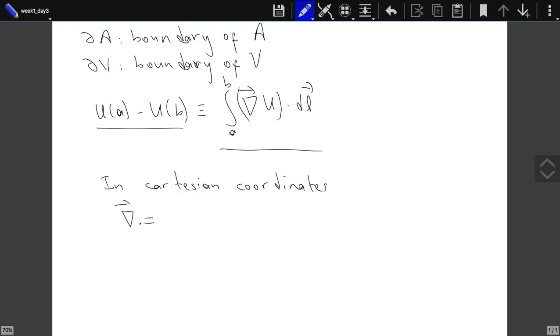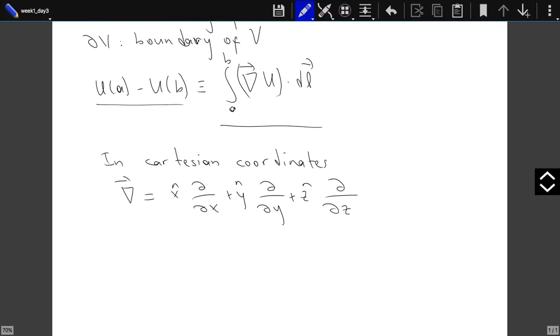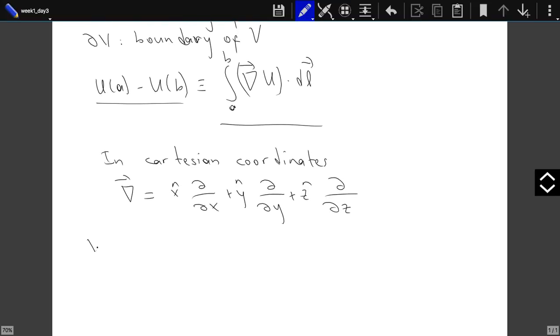You can identify this vector operator: in the x direction, del over del x, plus in the y direction, del over del y, plus in the z direction, del over del z. In that case, the gradient of a scalar function just turns out to be a vector whose components are the derivatives of your function.